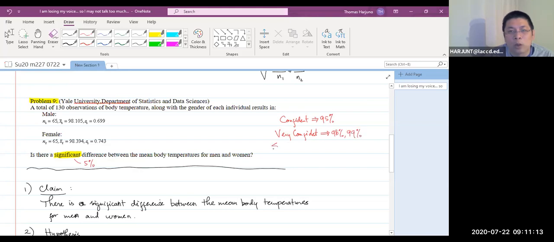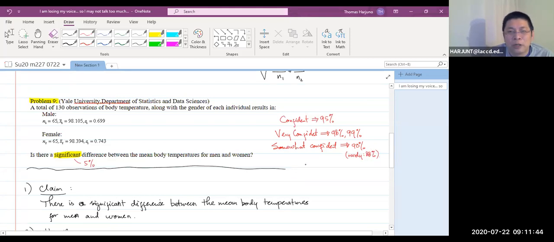And somewhat confident refers to 90%, even though in practice sometimes they use 88%, rarely 88%. Don't ask me why they get those numbers.